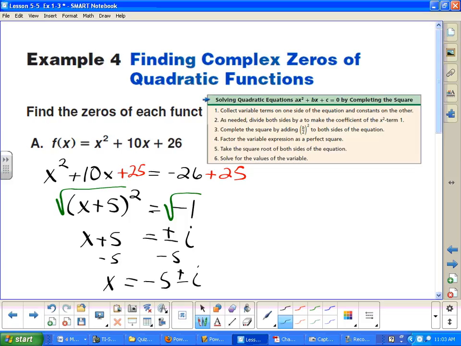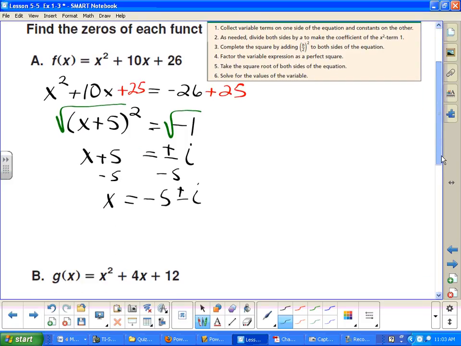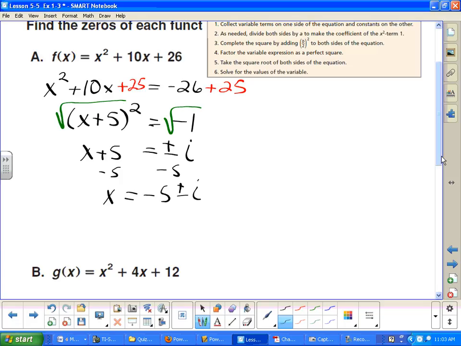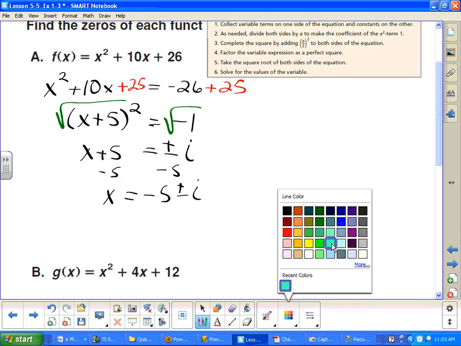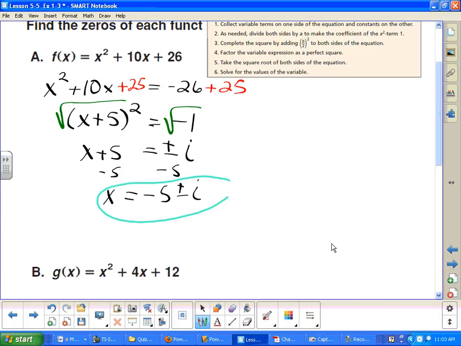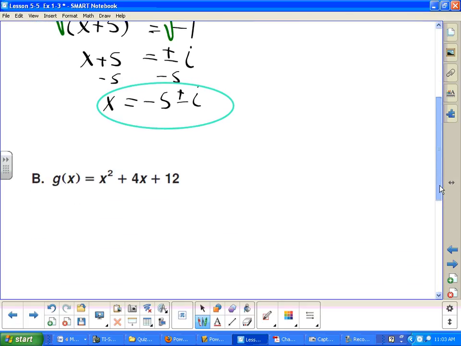We're always going to write it in that form. We're always going to put the i second. So let's do another one.